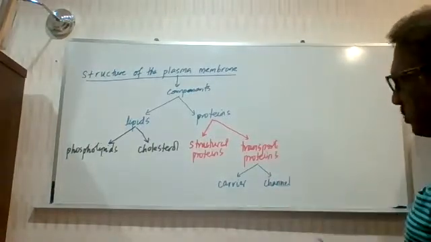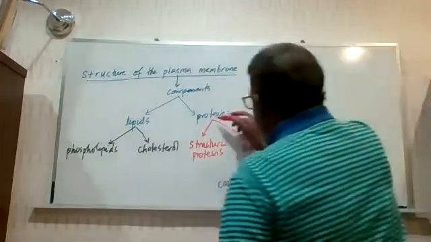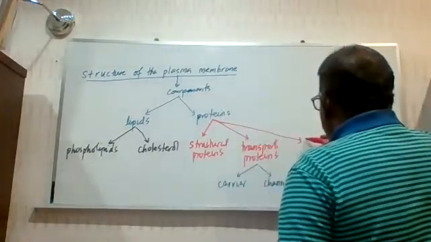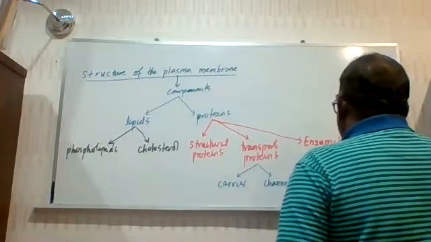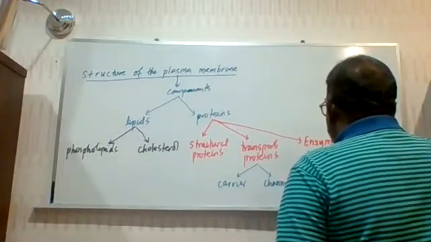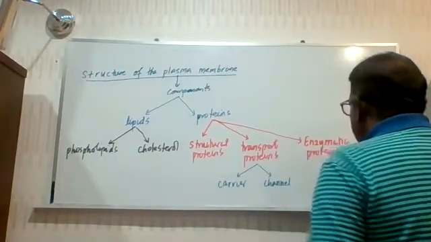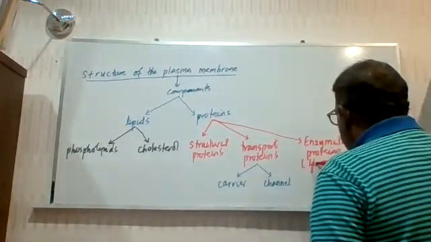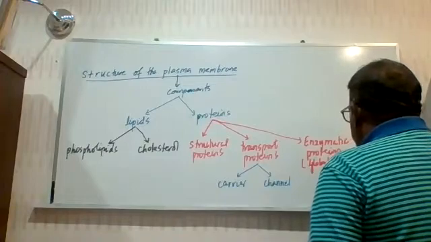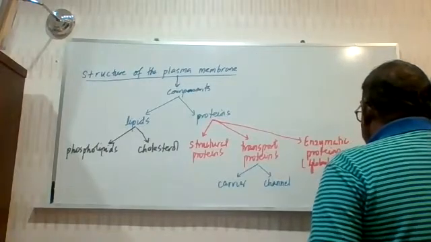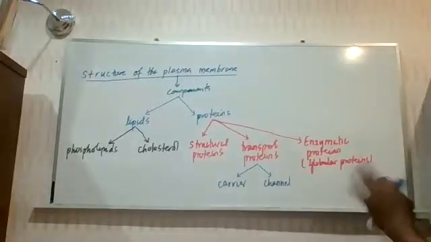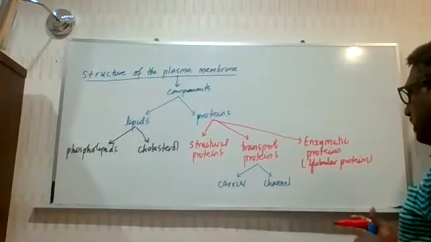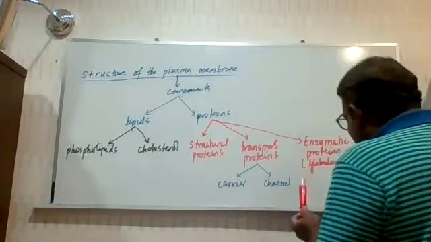Is that all the proteins? No, you have another group of proteins which are known as enzymatic proteins. Because enzymes are also known as globular proteins, you can classify them as globular proteins. Remember, this is going back to the topic of proteins, where you learned all that. So these will basically be the enzymes.